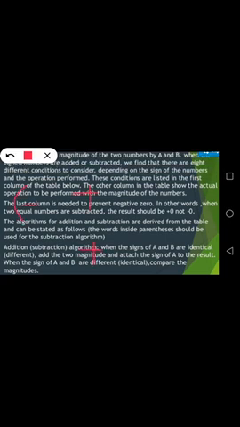But if the signs are different, like minus A plus B or plus A minus B, then depending upon the magnitude you have to do subtraction. So here you need to perform B minus A, here you need to perform A minus B. So this is about this algorithm.